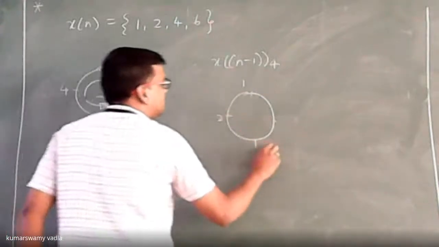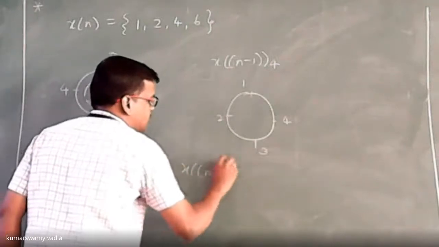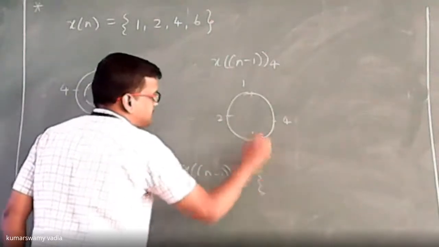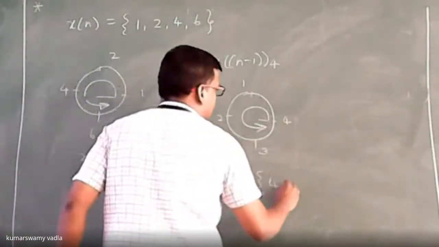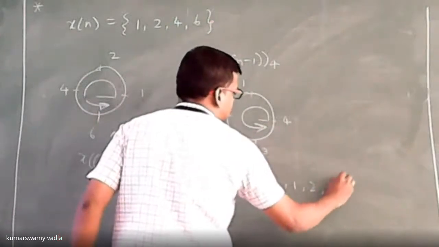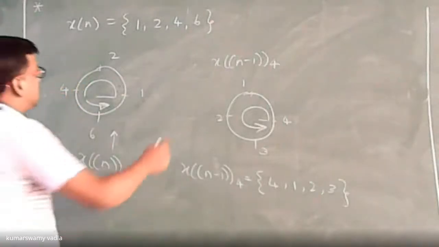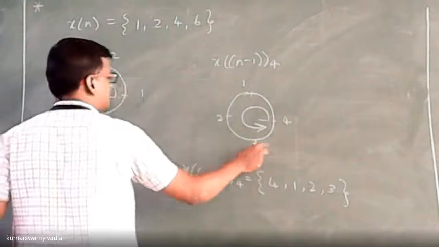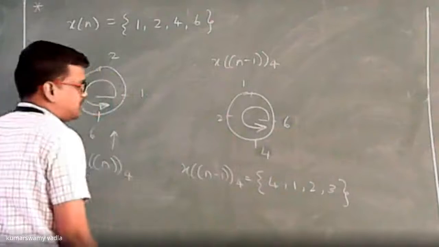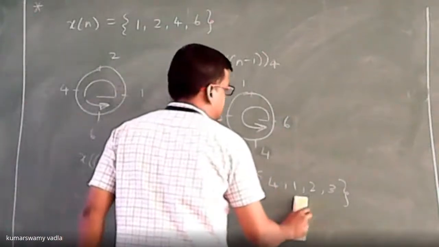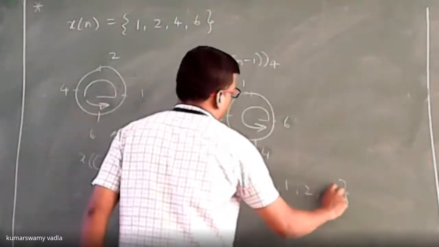Finally, x of n minus 1 of 4 is written starting from this point and going anti-clockwise. The sequence is 1, 2, 4, 6, so this becomes 6, 1, 2, 4.